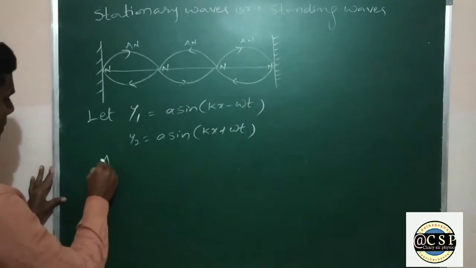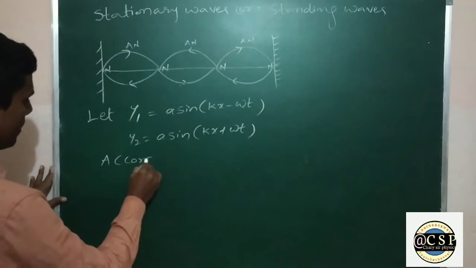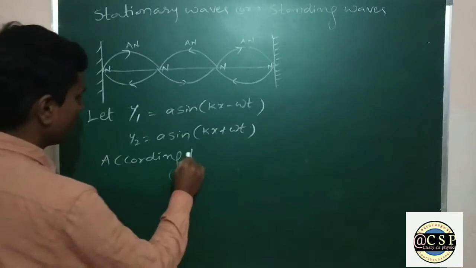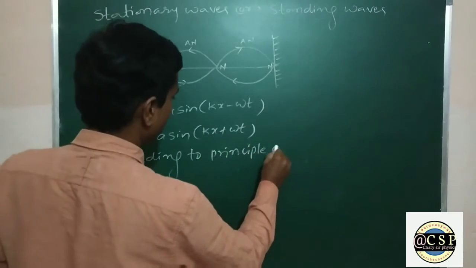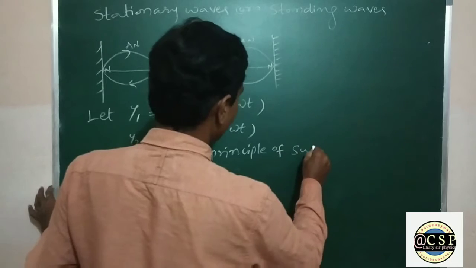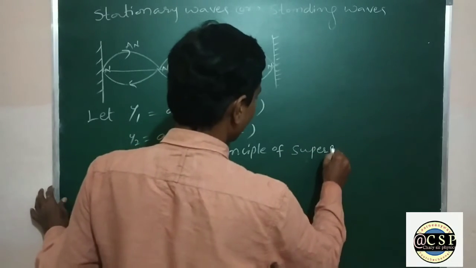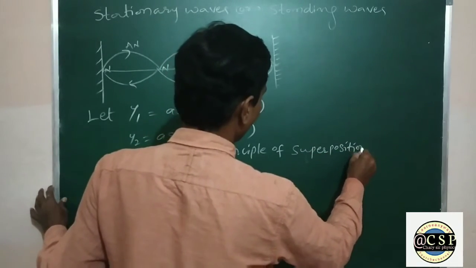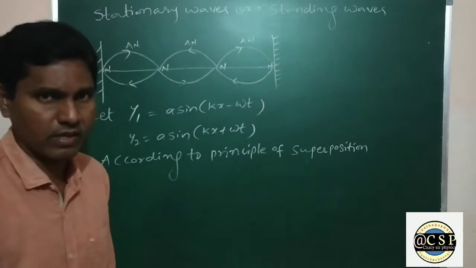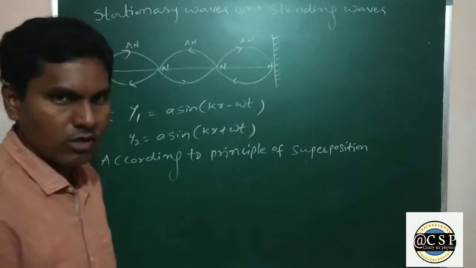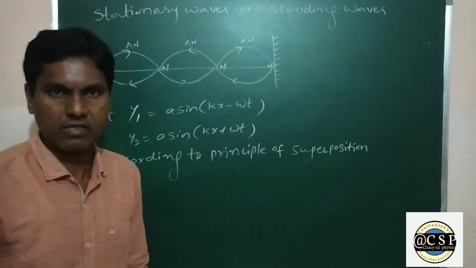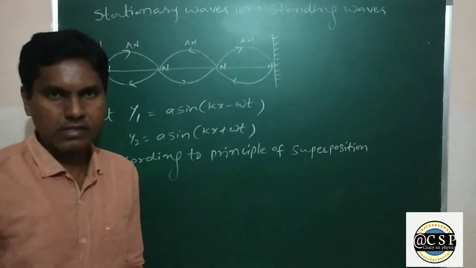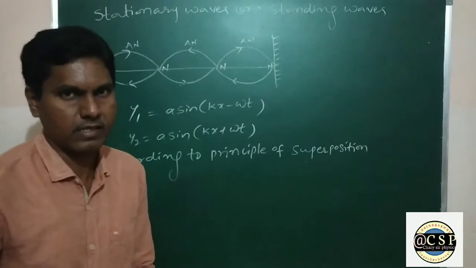According to the principle of superposition, which we discussed in the previous class, the resultant wave displacement is equal to the sum of the individual displacements.